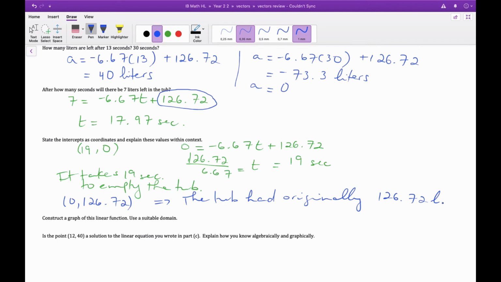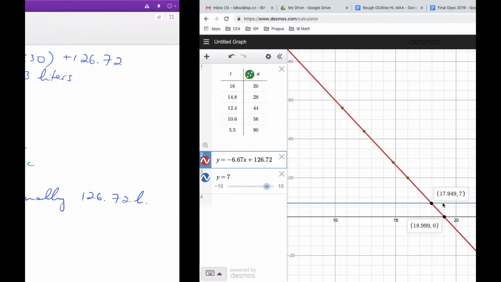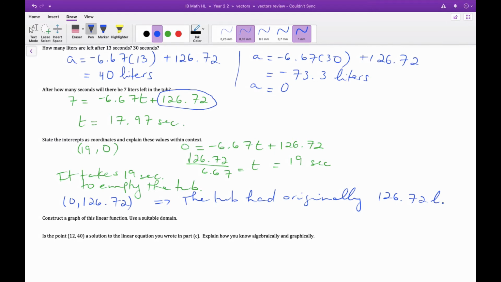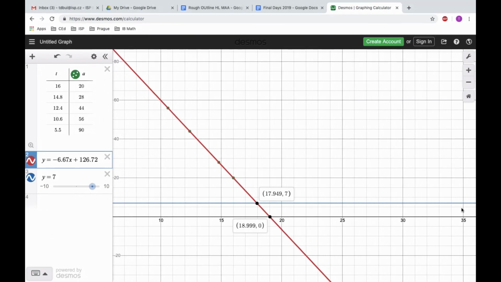Okay. All right, so construct a graph of this linear function. Well, we've already made the graph. Over here we see the graph, and it talks about a suitable domain. What's that talking about? The domain is the x values, or the independent values. So this is time in this case.